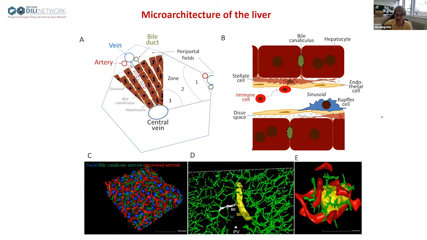but these structures will appear again and again now in the imaging. So the liver consists of these smallest units, the lobules, which all have a similar design.